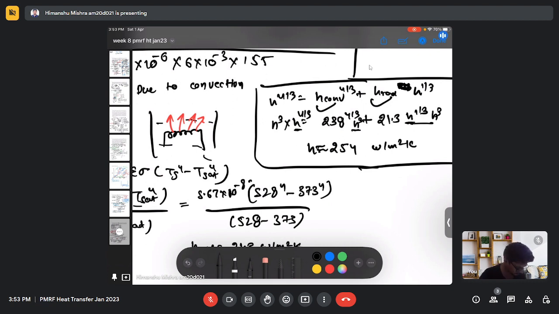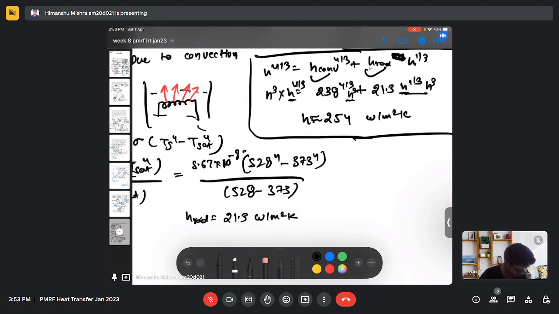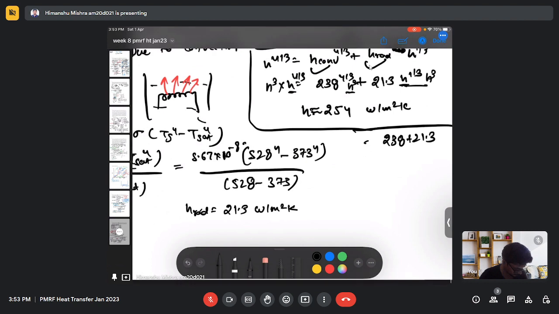This is my guess value, which should be at least above 238 plus 21.3. So based on it, from the solution, people have guessed this value.